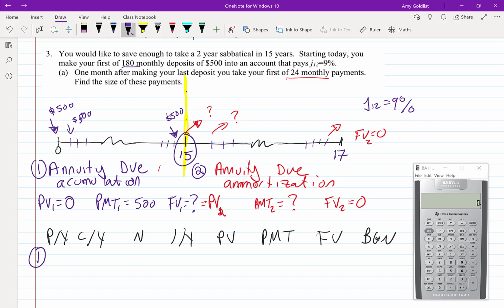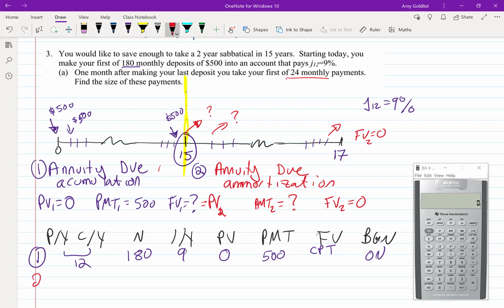I'm going to start with annuity 1. Everything here is going to be monthly. My N is 180, because that's 15 times 12. The interest rate is 9 for the entire time. Start with nothing, and I put in $500, and then we're going to figure out the future value. Begin is on.